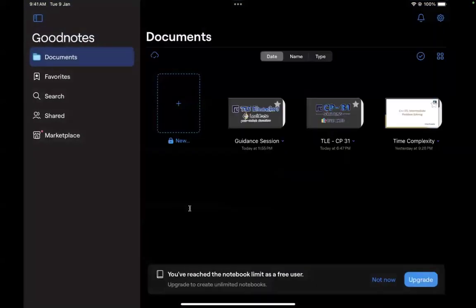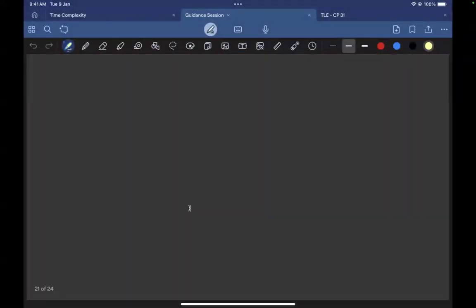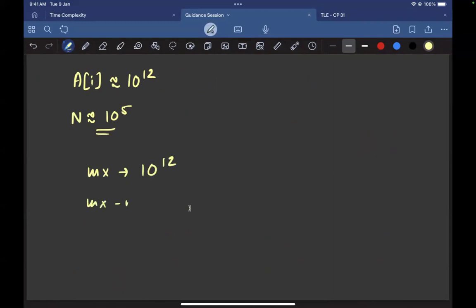Because if the array elements are roughly of order 10 power 12, and the size n is roughly of order 10 power 5 only, then if mx turns out to be 10 power 12, mx minus n will still be of order 10 power 12, something like 10 power 12 minus 10 power 5, which is just a 10 power 5 difference, right? The gap is only 10 power 5.